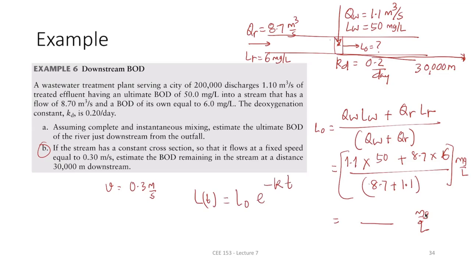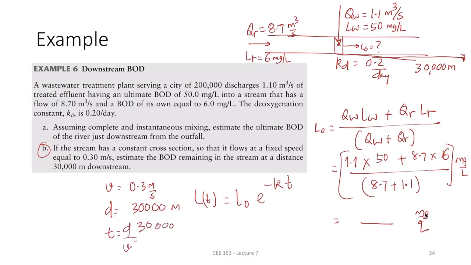So here you aren't given a time, but it's given a distance. But you can calculate it, because you know the velocity, you can calculate how long it will take for that water to reach there. If you know the velocity and the distance, 30,000 meter, you can calculate the time it takes to reach that, which is basically distance over velocity.